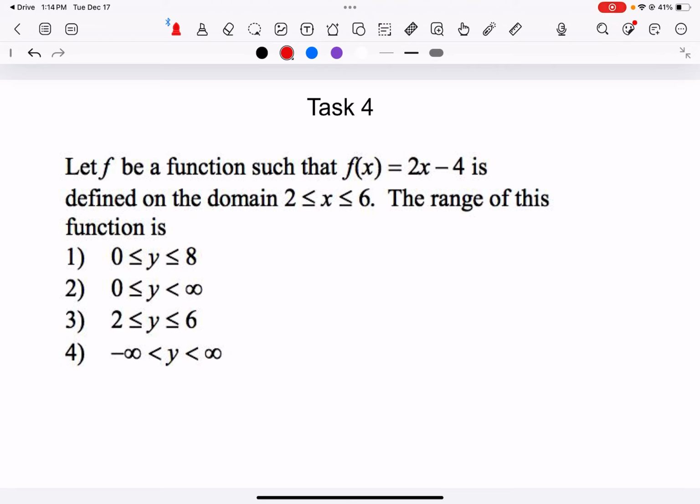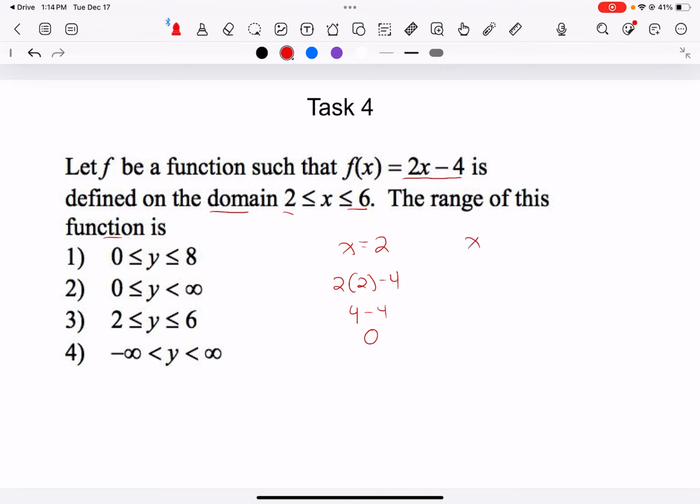We have function f, that's f of x equals 2x minus 4, has the domain from 2 to 6. We want to know what the range is. So the range, we're going to pick the low domain value of 2. So that would be 2 times 2 minus 4, 4 minus 4, which is 0.